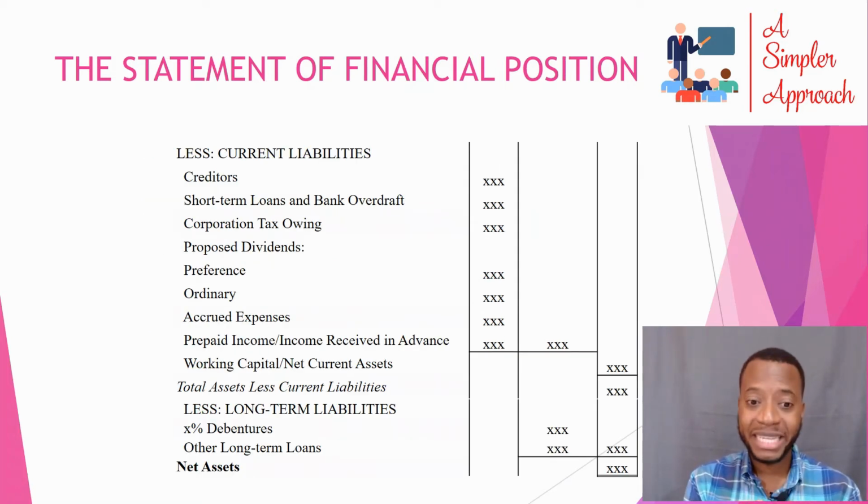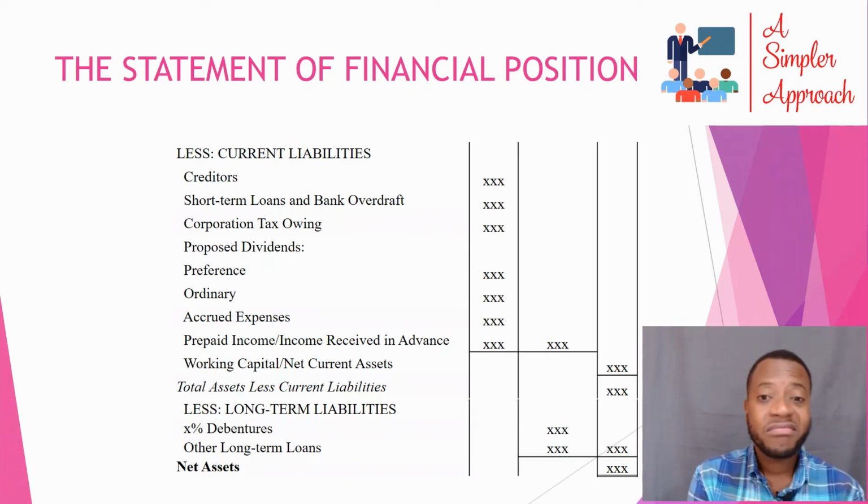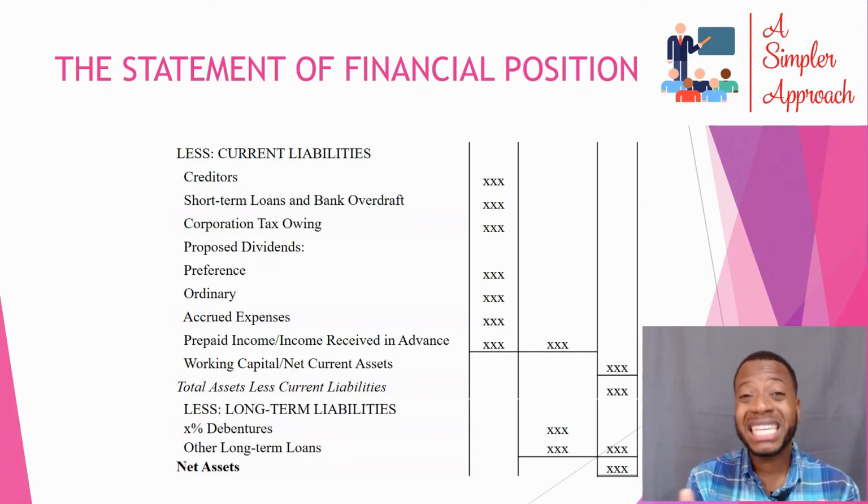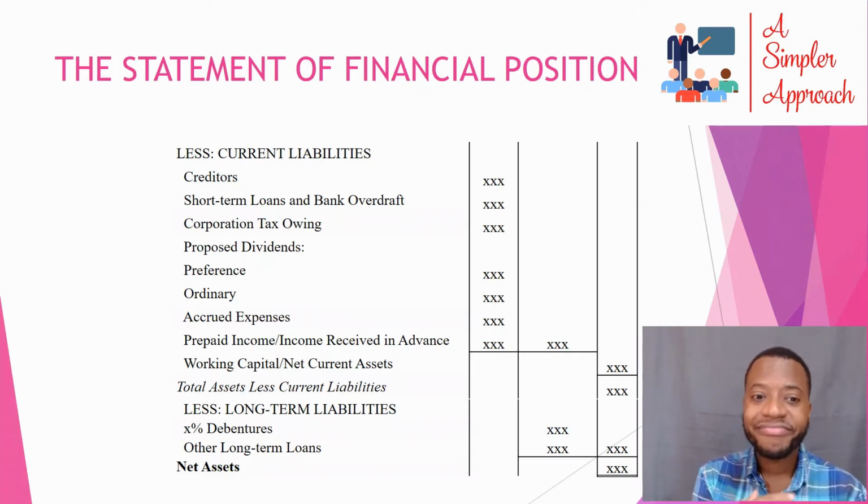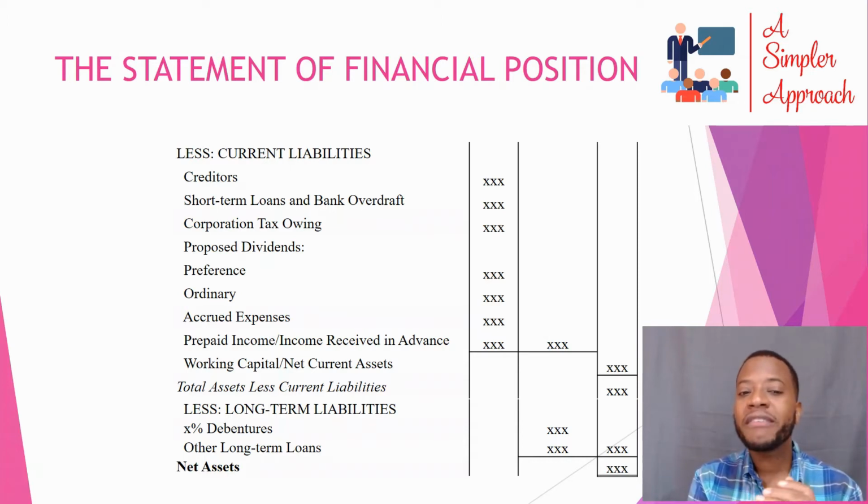The current liabilities section and the long-term liabilities section. As you can see, everything remains the same. Doesn't really change. But I still got to show you. Creditors, short-term loans, bank overdraft, corporation tax owing. That is probably new.